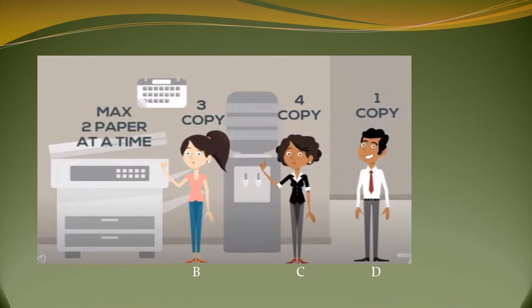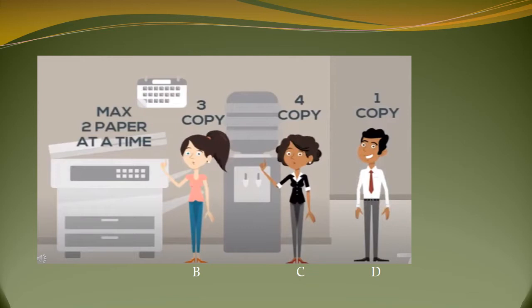After customer A, as there was customer B in the queue, B will get the service from the Xerox machine then. But she wanted three copies, whereas the Xerox machine can only serve two copies at a time.